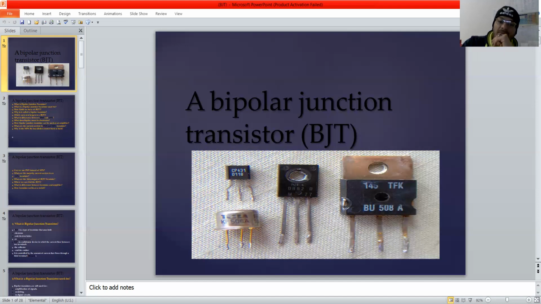The device can amplify analog or digital signals. It can also switch DC or function as an oscillator.